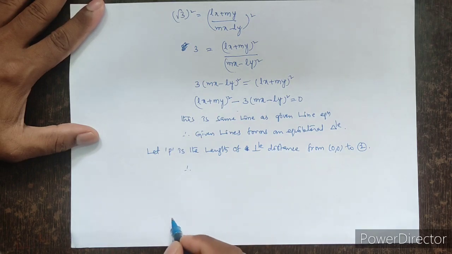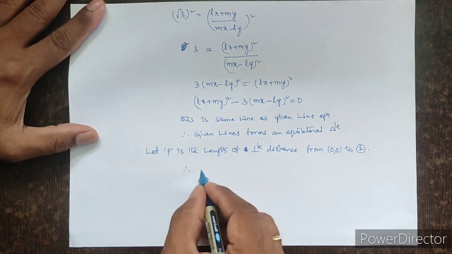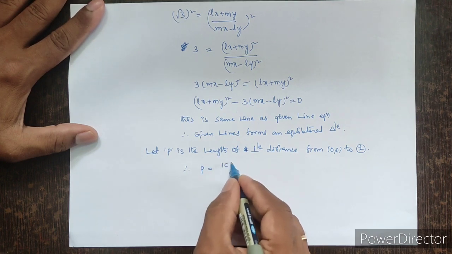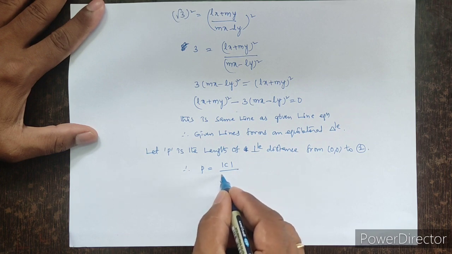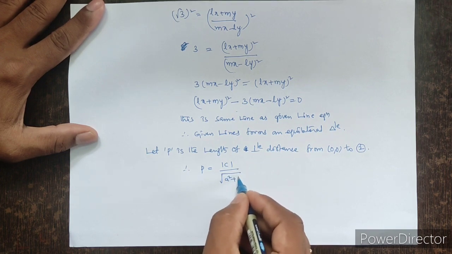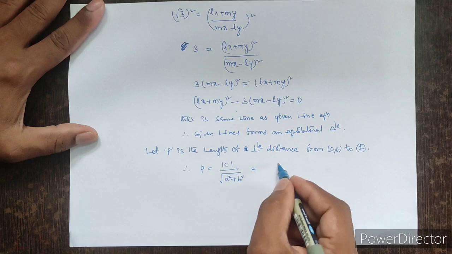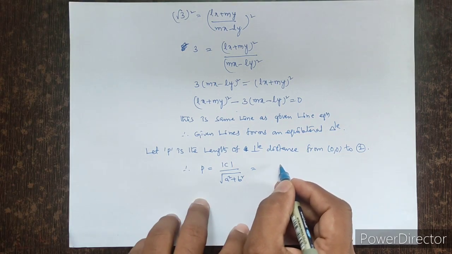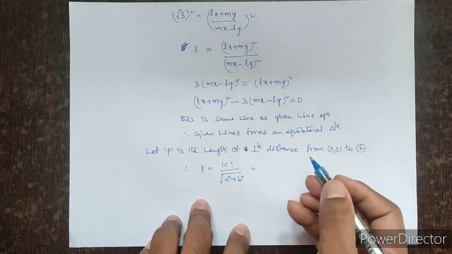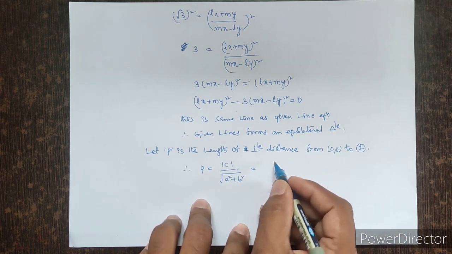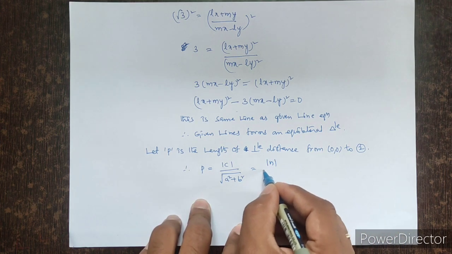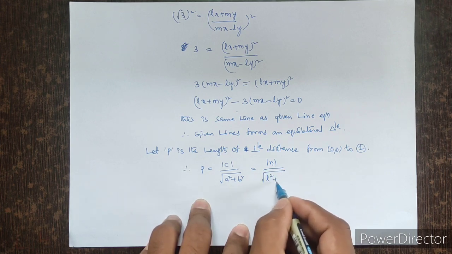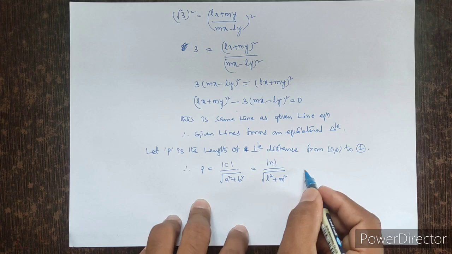Therefore by the perpendicular distance formula, P equal to modulus C by root of a square plus b square. Here C is the constant, which is n, so modulus n by root of l square plus m square.